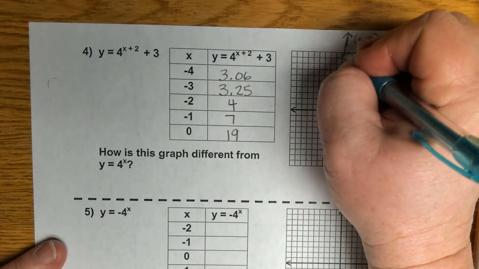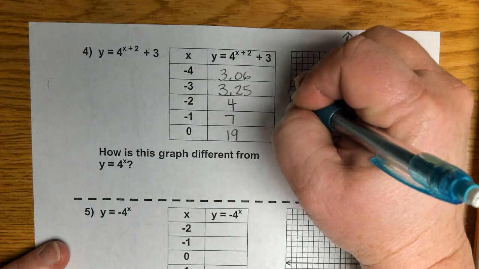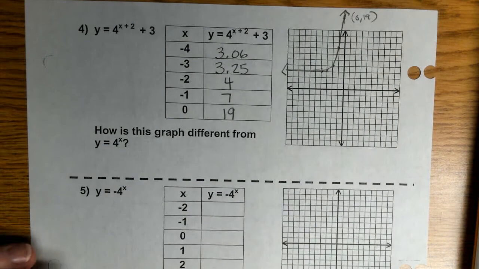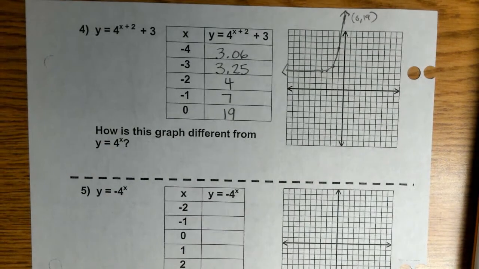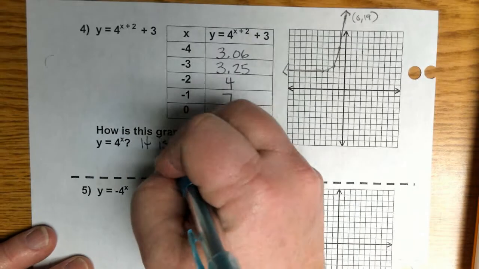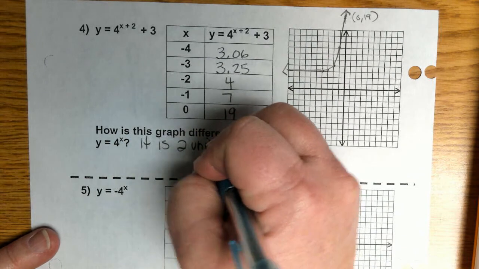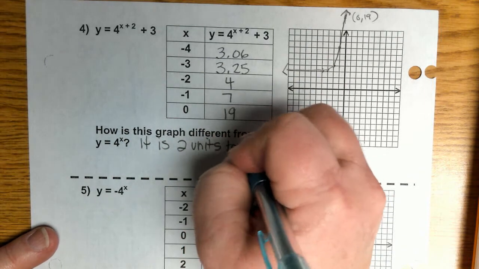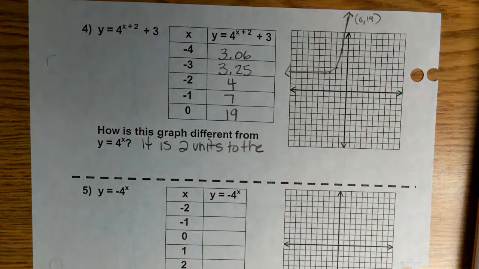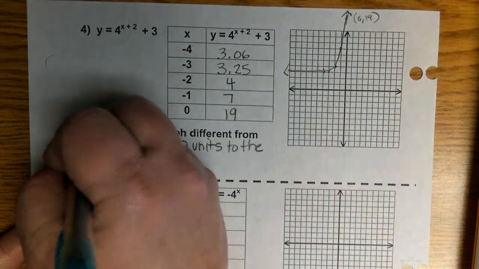So it would look more like this, wouldn't it? Okay? So what happens? It is 2 units to the left or right? Left.